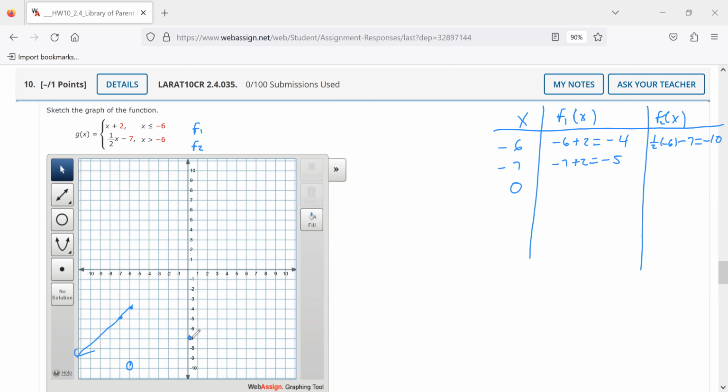These are the line things. What about crappy pictures? This one was that -6, -4, and -7, -5.